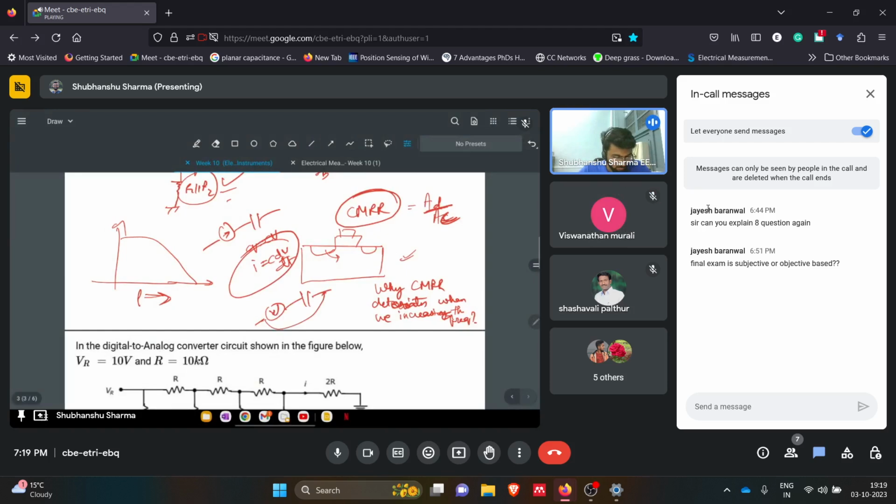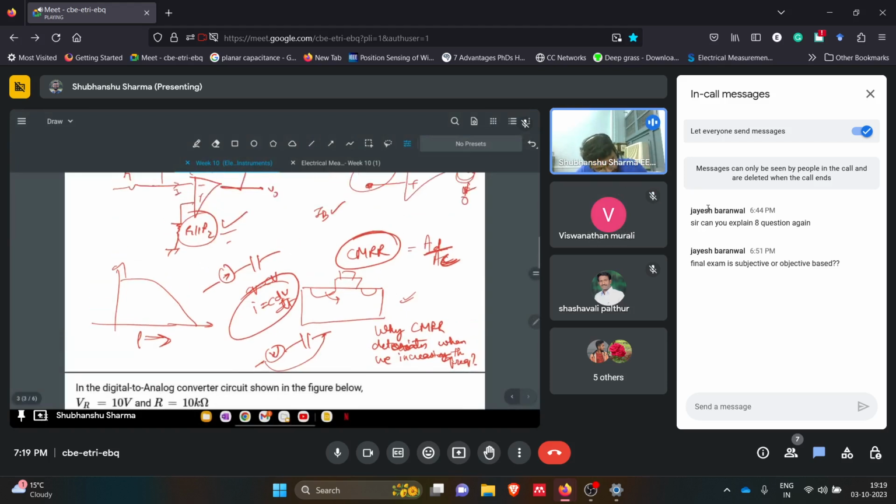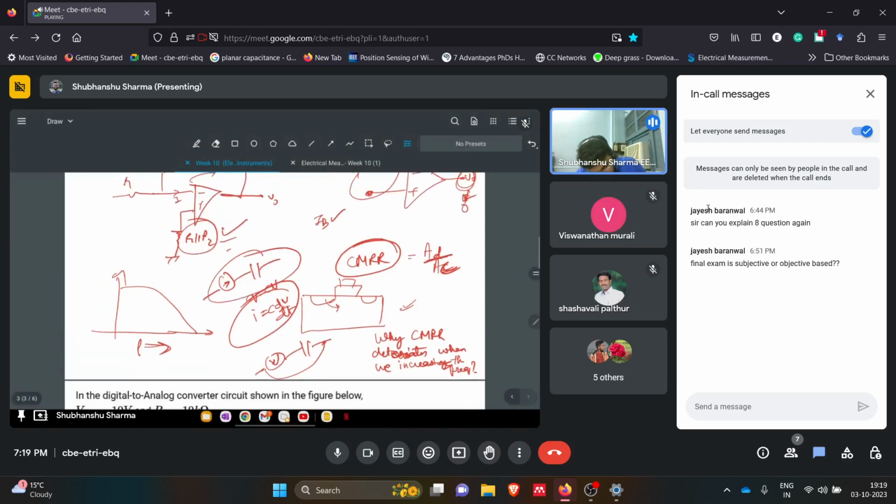So let's see what is happening here in this case. Initially, let's say this is a current source, there is a key here, there is a capacitor, and then we have a voltage source, there is a key here, and we have a capacitor. Let's see what is happening. When we just put this key on, a current source is being fed to that.